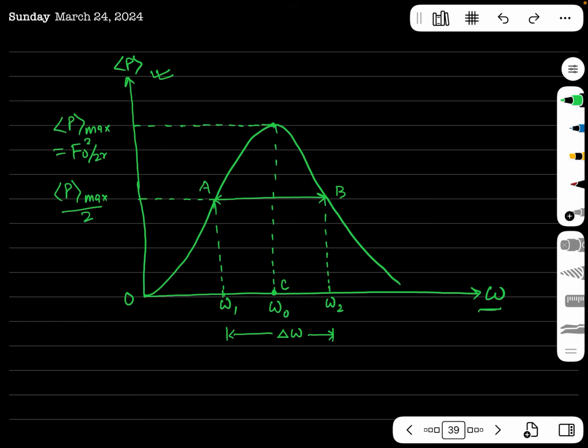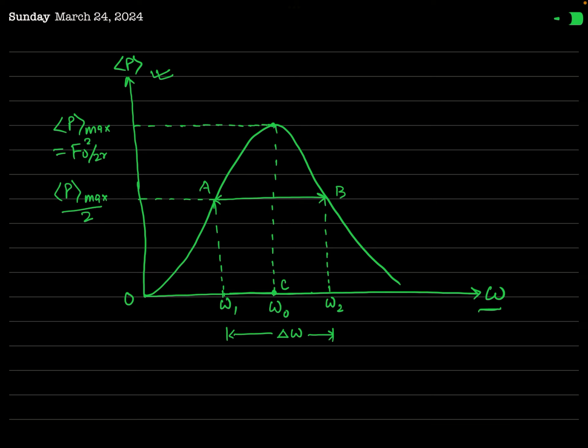So when omega is equal to omega naught, the power extracted is maximum. If omega deviates from omega naught, either increasing or decreasing, the power extracted will be lesser.